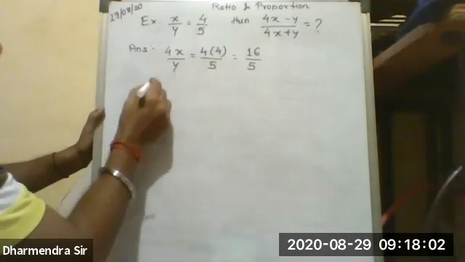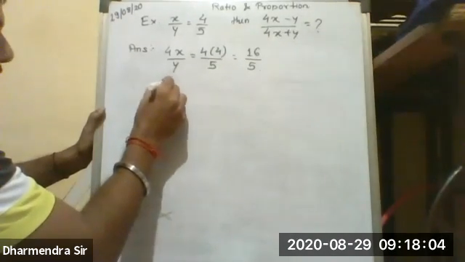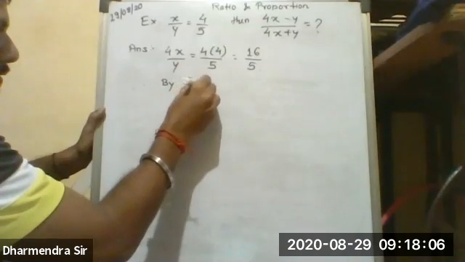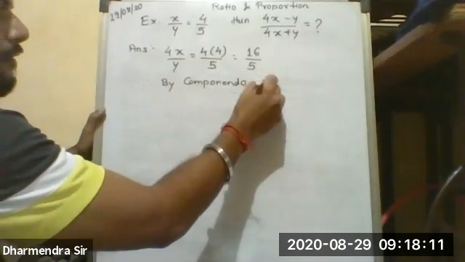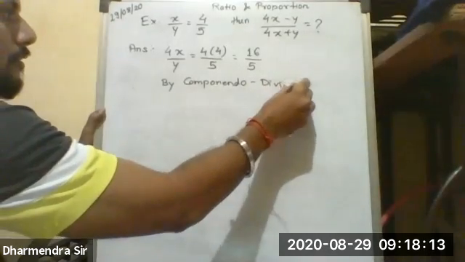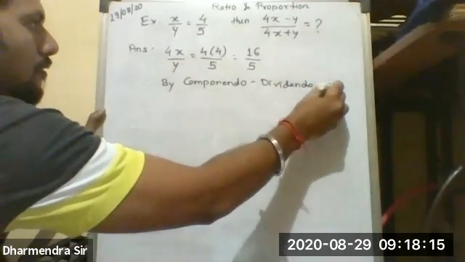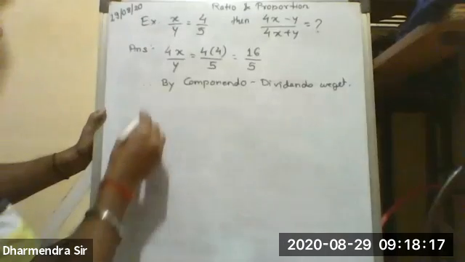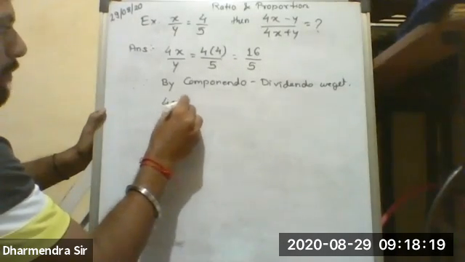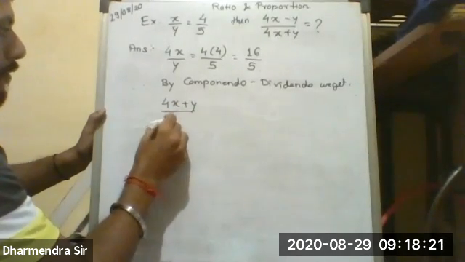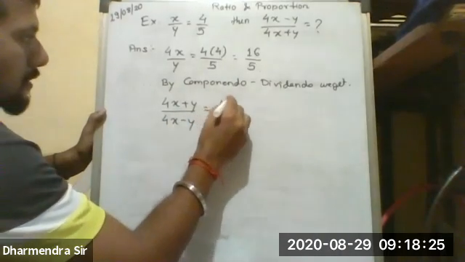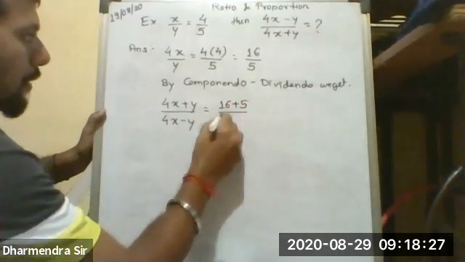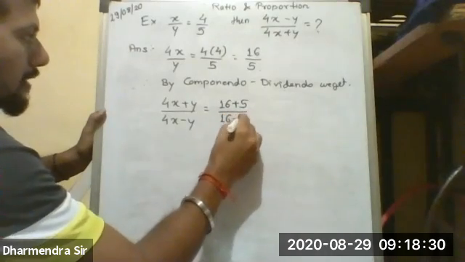Now, therefore, by componendo dividendo, we get 4x plus y upon 4x minus y is equal to 16 plus 5 upon 16 minus 5.